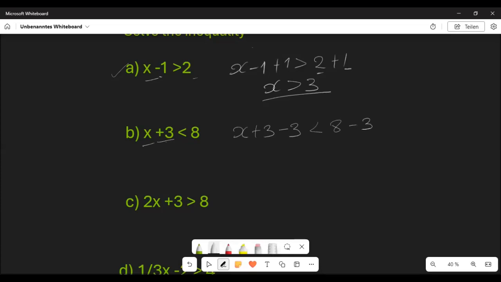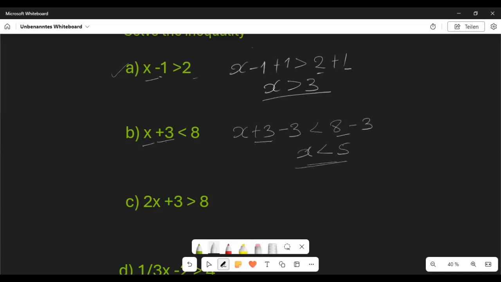Plus 3 minus 3 gives you 0, so x is less than 8 minus 3, which gives us 5. That remains as our answer.